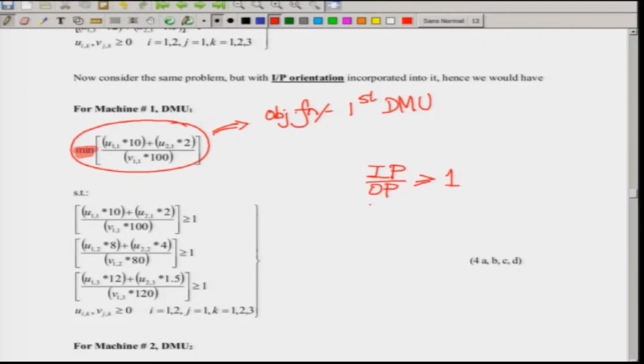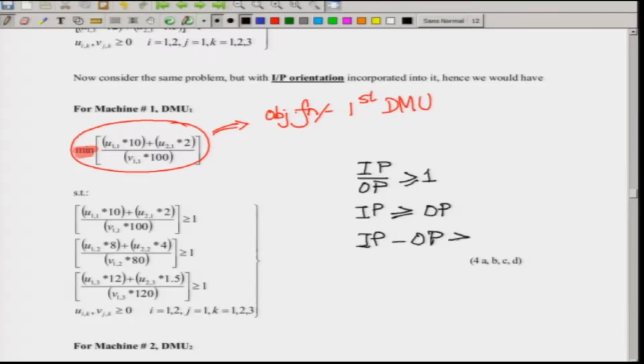I should use a different color because I was using the black one. My apologies, please bear with me. So it was the input divided by output greater than 1, then input is greater than output, then input minus output is greater than 0.